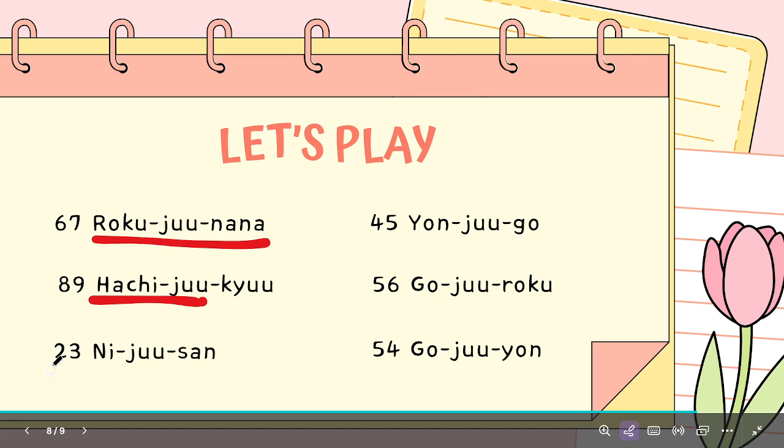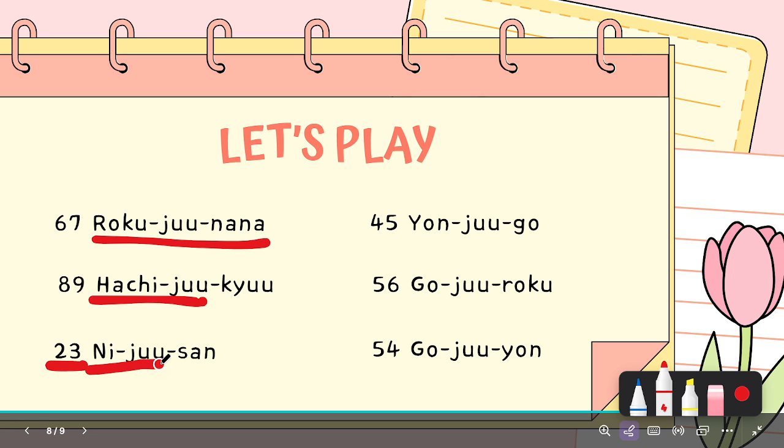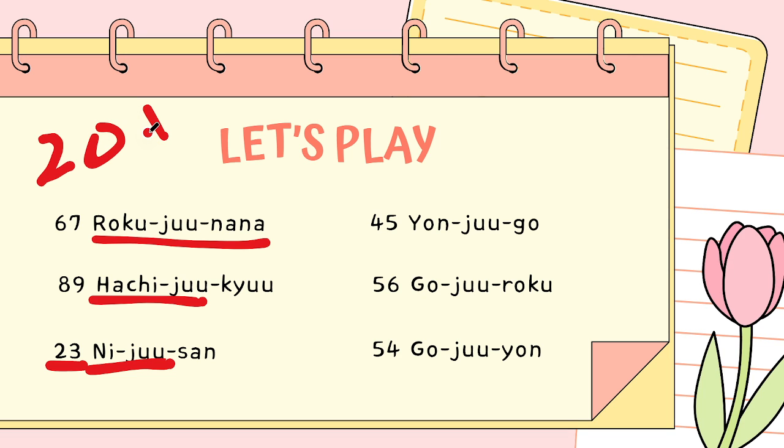Then we have 23. What is 20 plus 3? 20 is ni ju, which is 2 times 10.